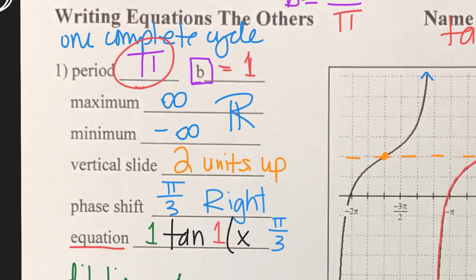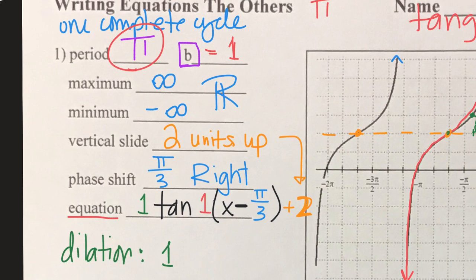And since it went to the right, what sign goes in my parenthesis? If my graph went to the right, that means I have a minus in my parenthesis. And then the last part is your vertical slide up 2 units. The vertical slide goes last.